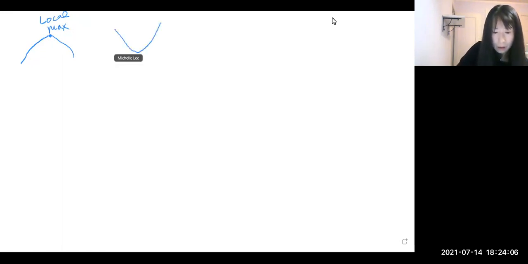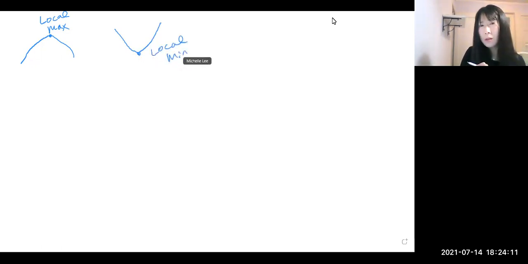Positive, positive, negative, right? Then look, local maximum there. And then negative, positive, right? There is a local minimum. So we remember with a picture, it's much easier. That means f is increasing, decreasing, same as f is decreasing, increasing, okay?